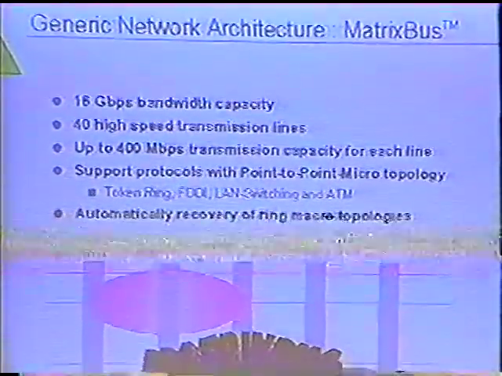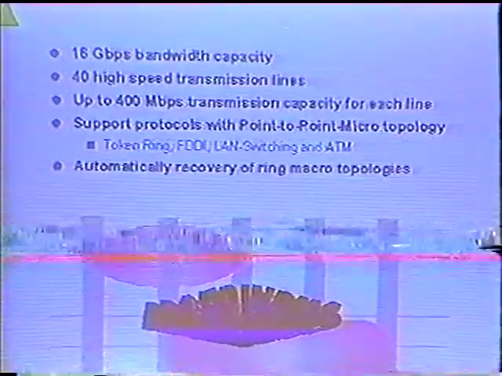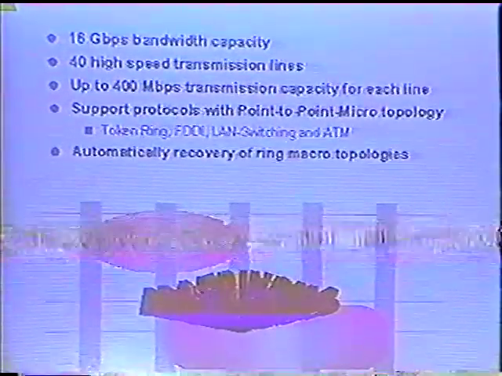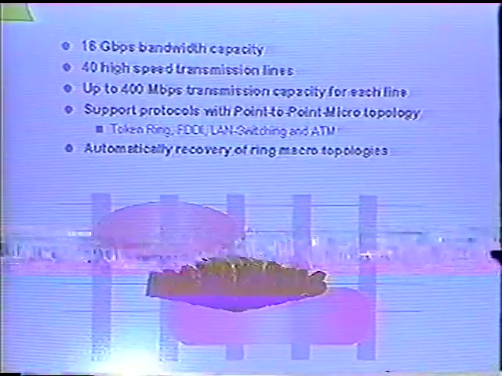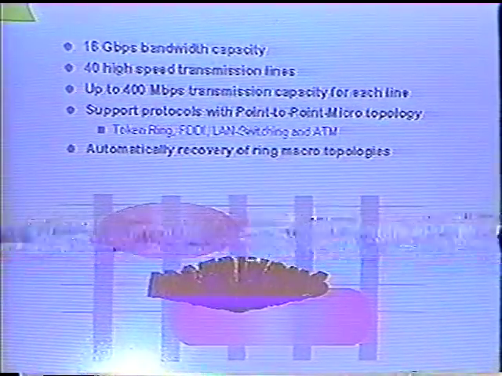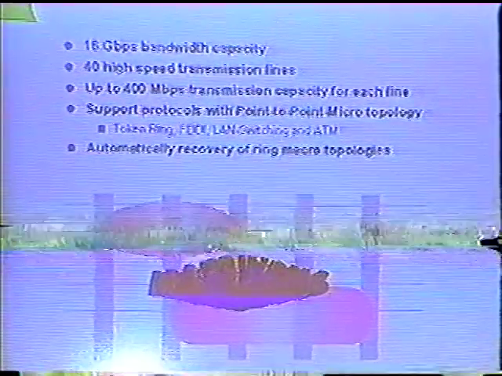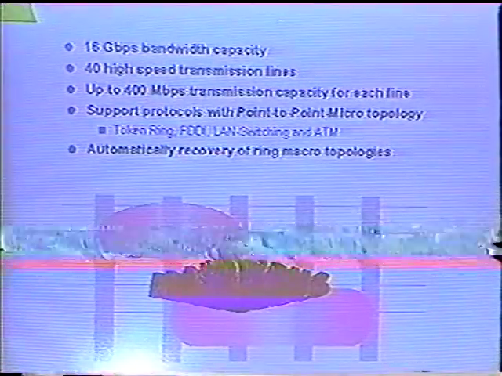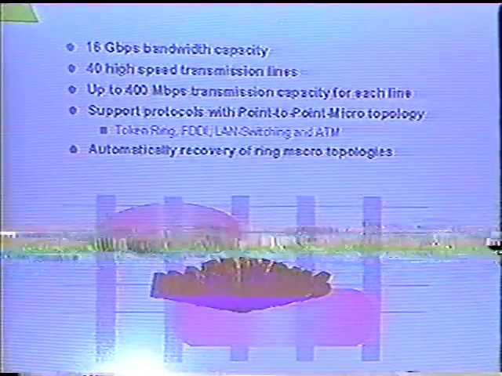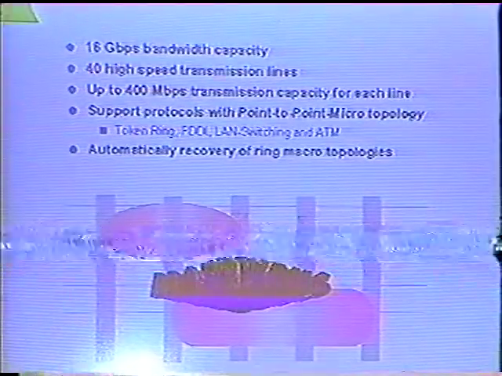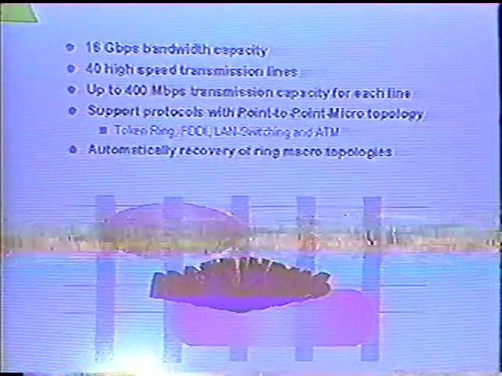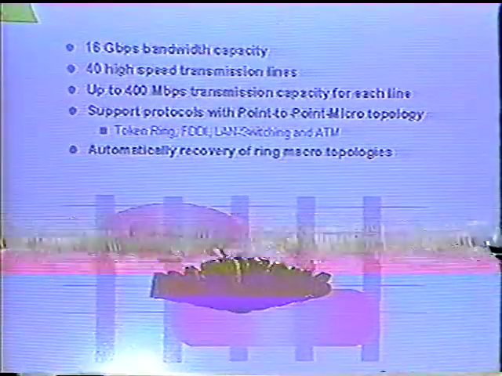And the backplane is totally passive. There are no active components on the backplane. We are used to calling this backplane a matrix bus, because the way that the backplane was designed is to use it as a matrix bus rather than a simple parallel bus.